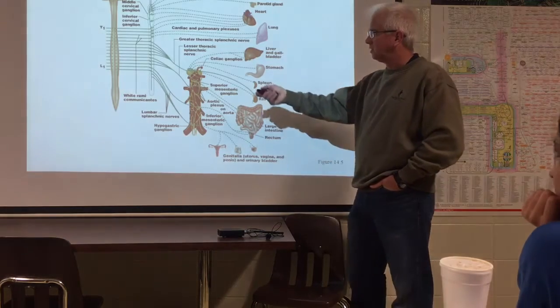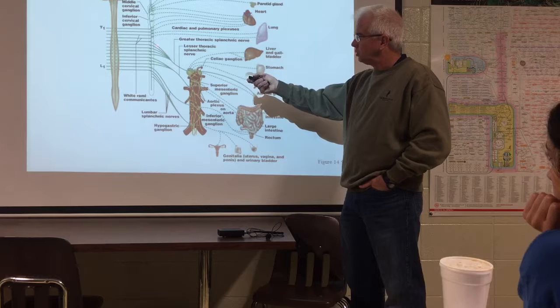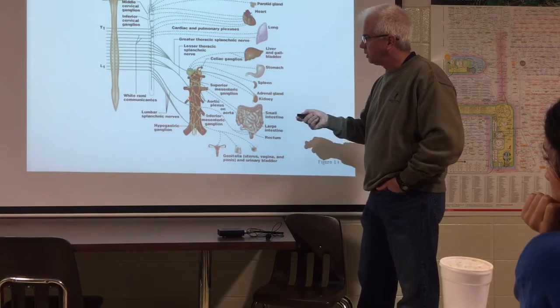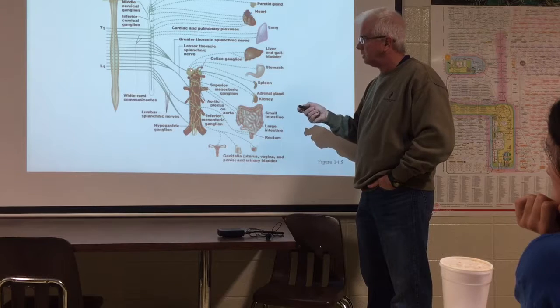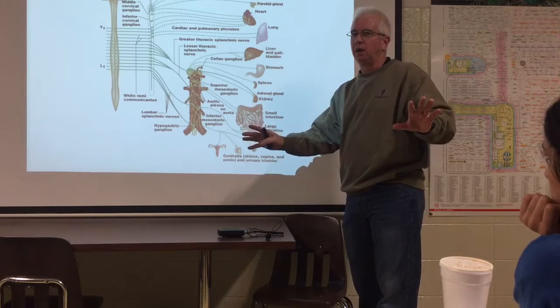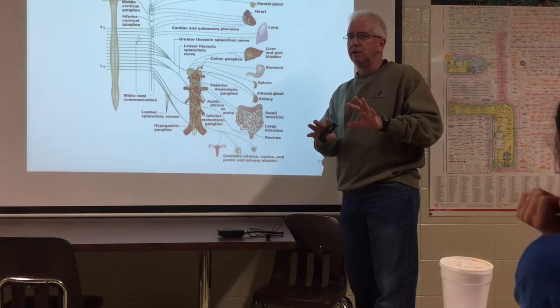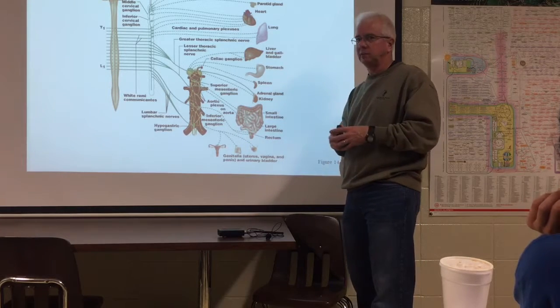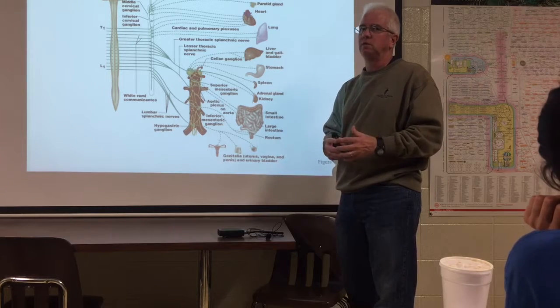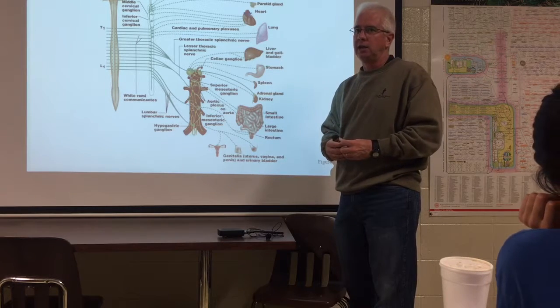All right, so that's not important yet. But I do want you to see the general features here. As these pass through, they're going to form synapses in ganglia that are not in the chain. So what I'm telling you is there are clusters of cell bodies for the sympathetic nervous system that are closer to the organs than the chain is.